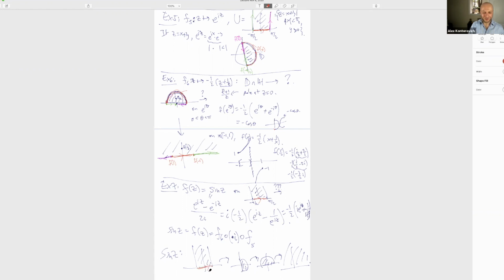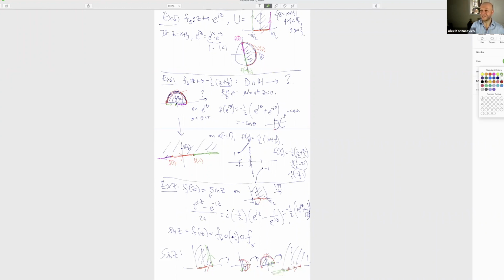This part went to this part, which got rotated, which got sent to negative 1, 1. This part went to this part, which got rotated and sent over there.